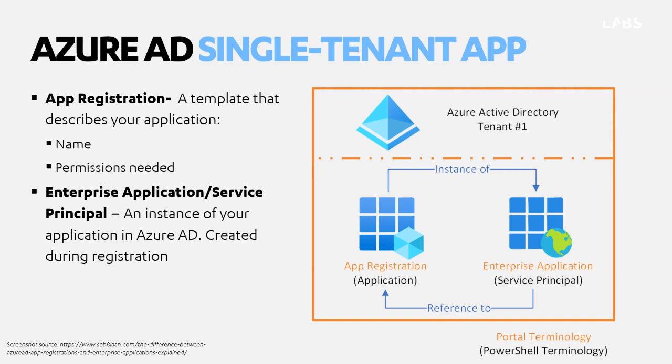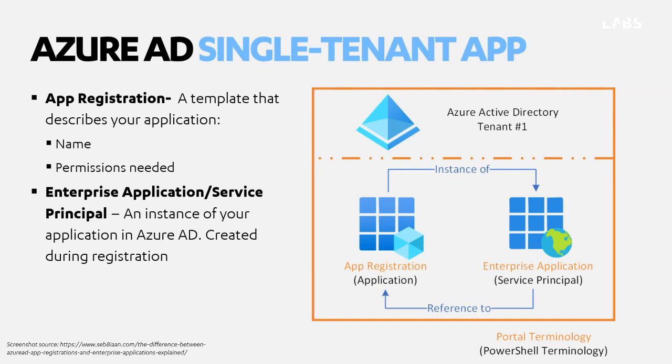So just to point out some of the permissions that might be required by the app: reading the Azure AD data that we previously discussed, or accessing Exchange Online, etc. So Azure AD takes this app registration and creates a service principal in your tenant, and then this service principal will, from that point onwards, be what's responsible to talk to those service providers that host the information that you're interested in, or Azure AD, to pull this information.